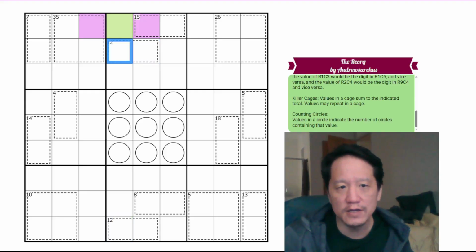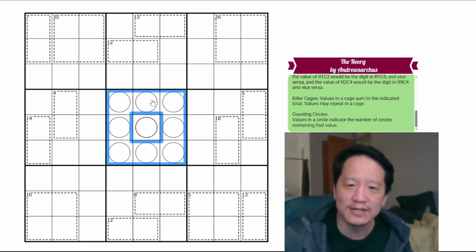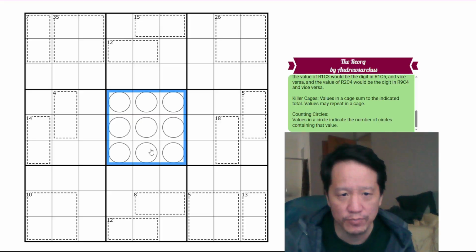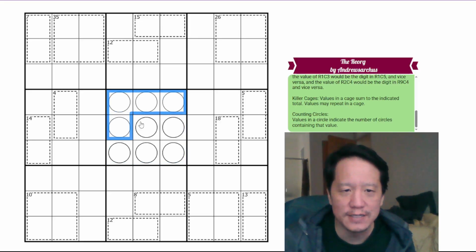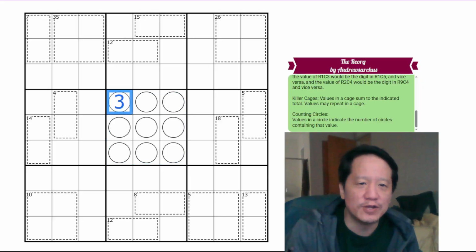And finally, we have counting cells, where values in a circle indicate the number of circles containing that value. That means, say there was a value of 3 here.